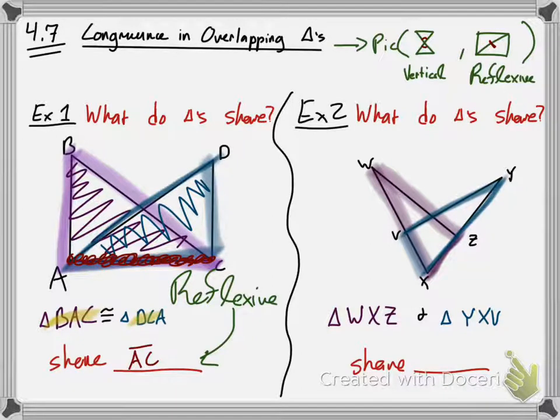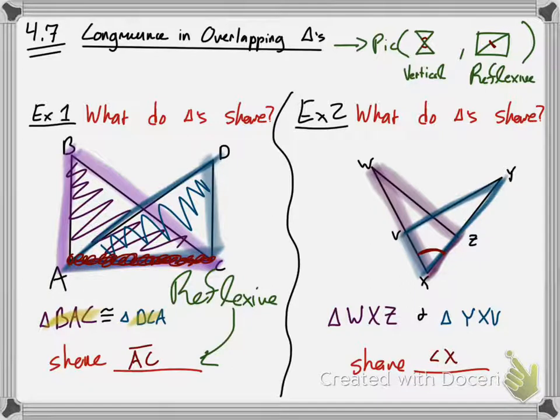Now, when we ask ourselves, what do the triangles share? A lot of times our focus is on the side. So here, the triangles do share part of a side, but we want them to share a whole side or a whole piece of information. And here, it's not a side that they share, it's an angle that they share. They both include this angle X.